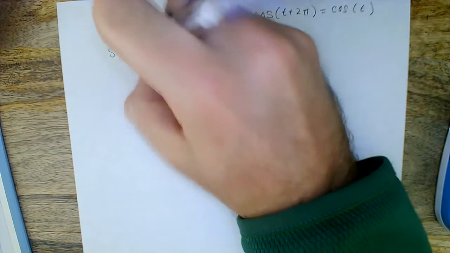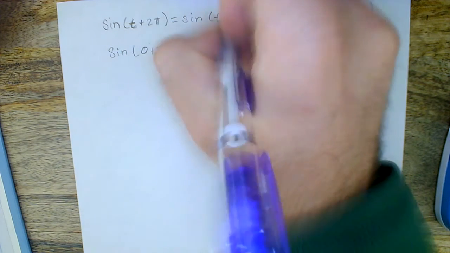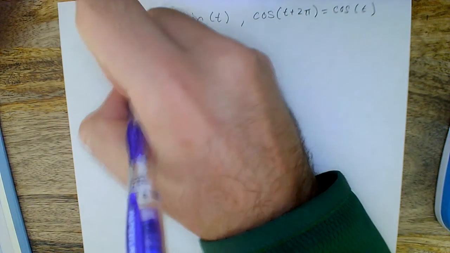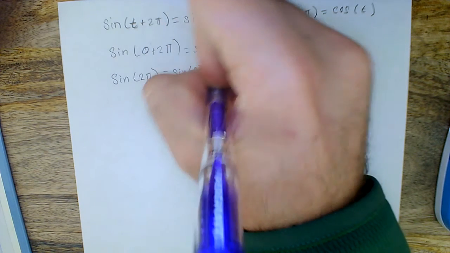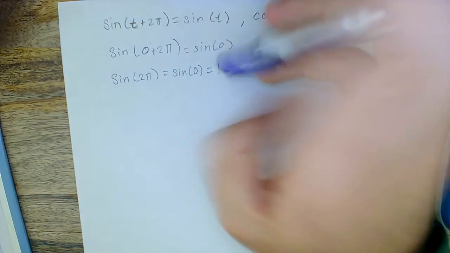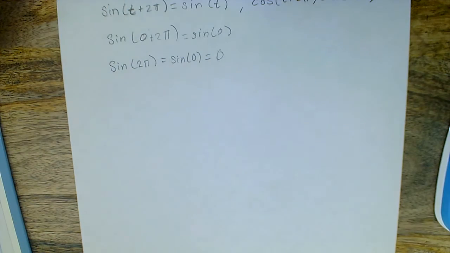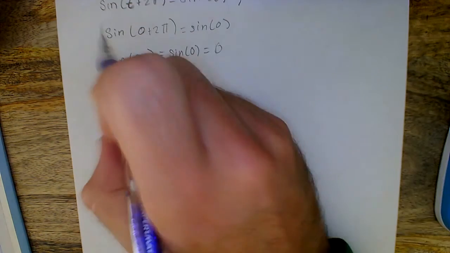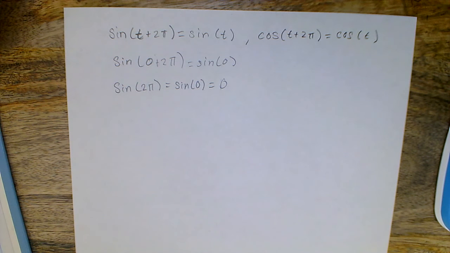Sine of 0 plus 2 pi is equal to the sine of 0. And that's true. The sine of 2 pi is equal to the sine of 0, because they both are equal to 0. So we would say that the sine of t and cosine of t are both 2 pi periodic functions.